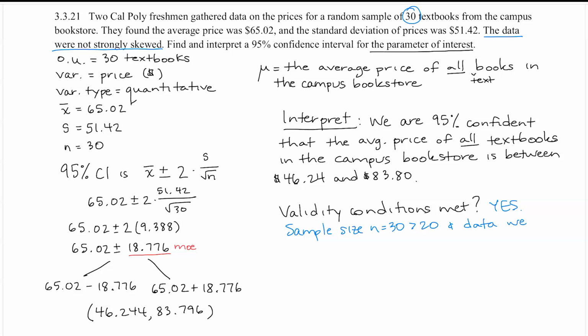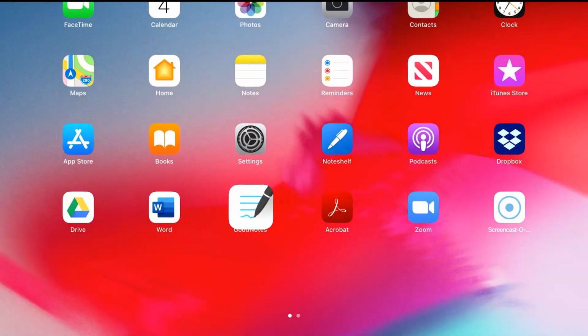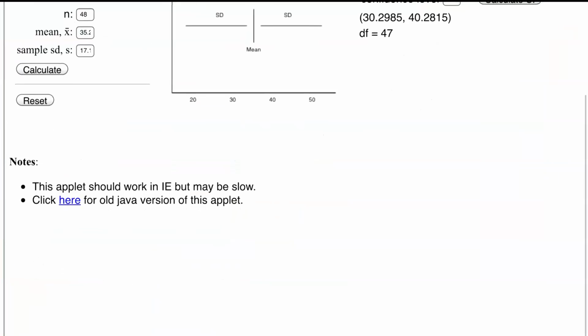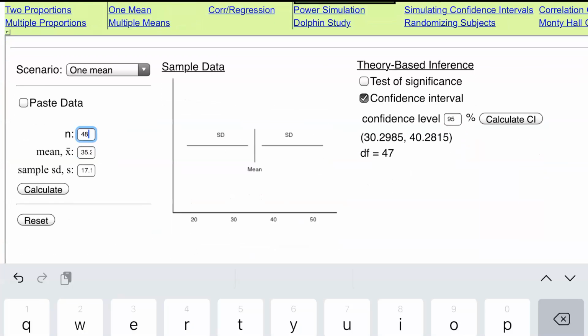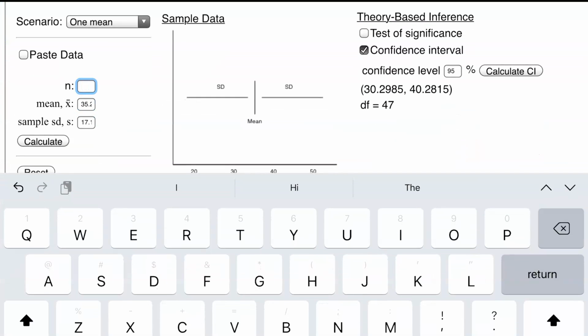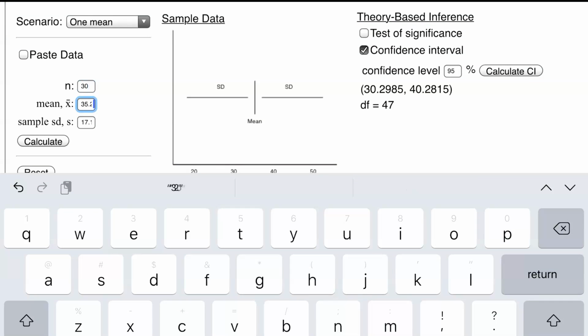The sample size n equals 30 is bigger than the 20 that we need, a minimum of 20. And we didn't get to see the data, but we were told that the data were not strongly skewed. So that means it's okay to use a theory-based method.